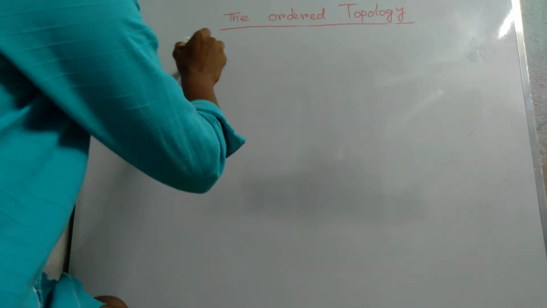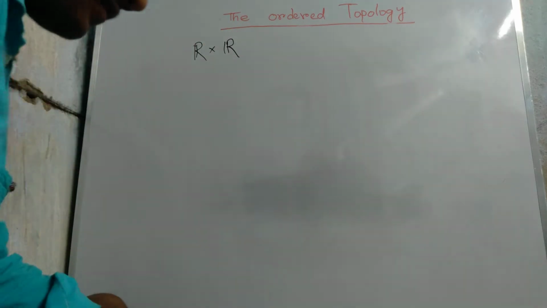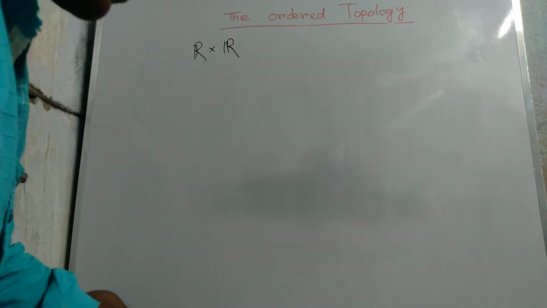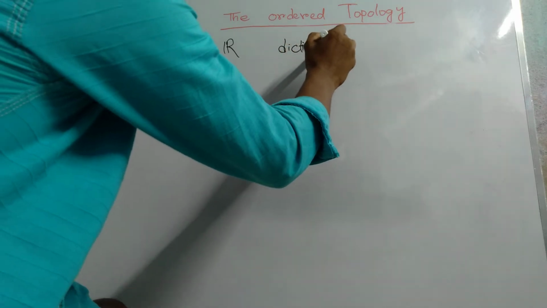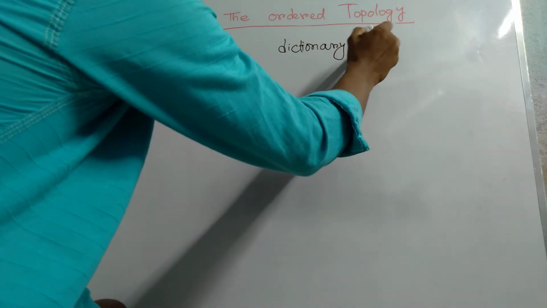Construct R Cartesian product R, and also consider the dictionary order.